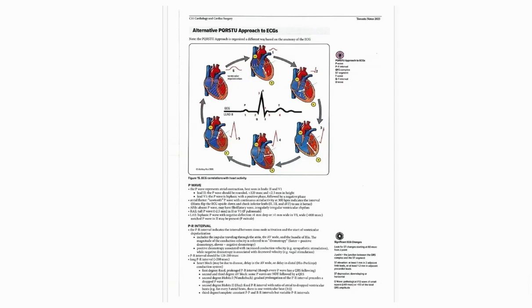A widened QRS may indicate bundle branch block, ventricular rhythm, hyperkalemia, or pre-excitation syndrome. The QRS complex should also be assessed for voltage, axis, presence of pathological Q waves, and R wave progression across the precordial leads.